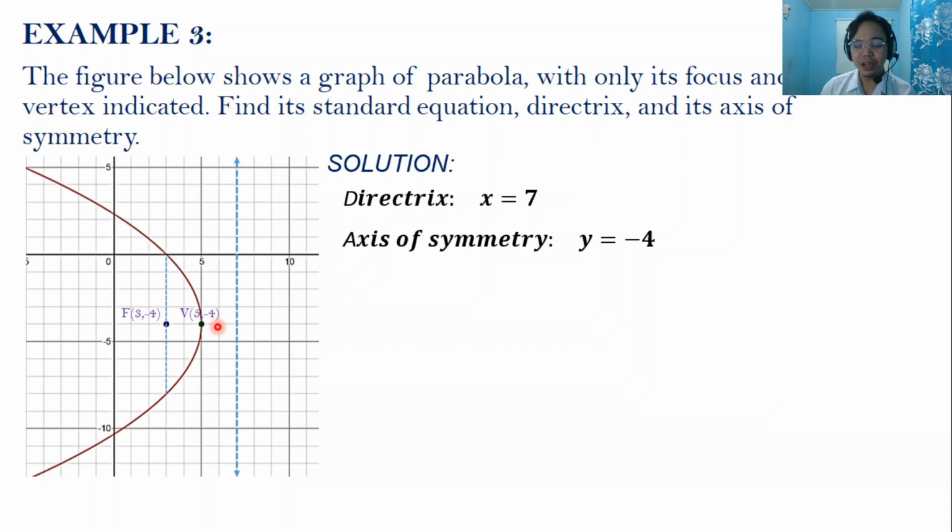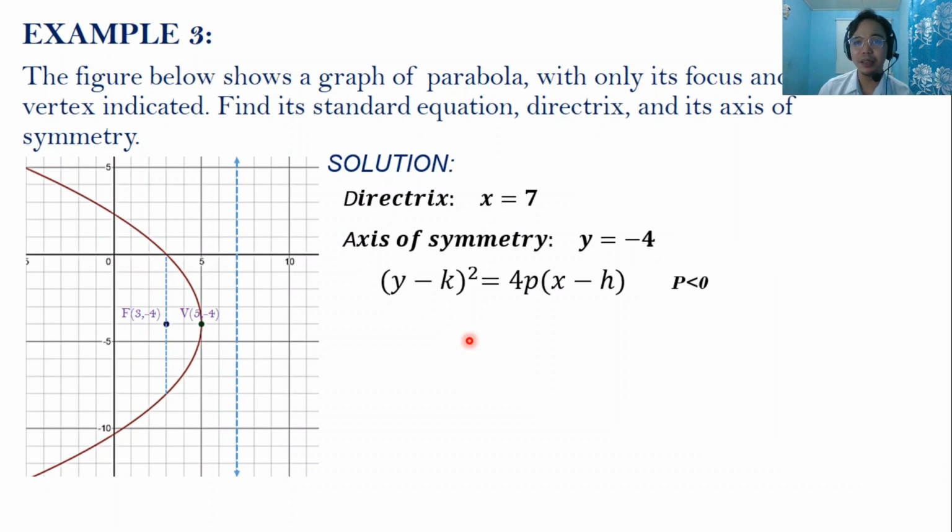Now, ano ngayon ang equation na gagamitin natin? Because its axis of symmetry is parallel to our x-axis and it opens to the left, ang ating gagamitin na standard equation is the quantity y minus k squared equals negative 4p times the quantity x minus h, where p is less than 0.